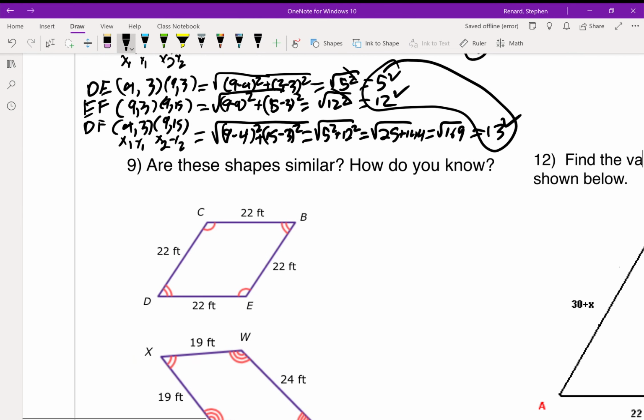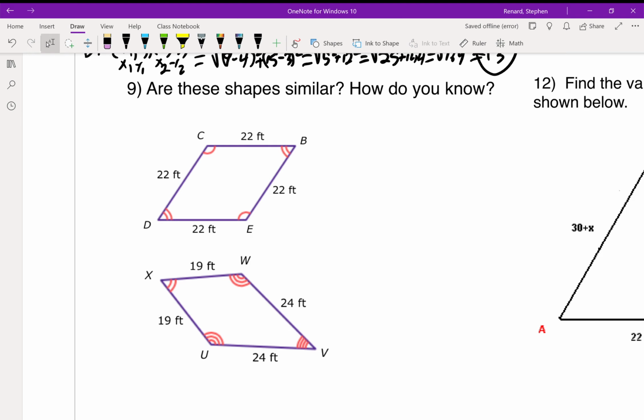Are these shapes similar? Number 9, if you're in regular geometry, go ahead and skip this one. So similar, what we're doing here is, one, we can look at the angles. We know that these two angles are the same and these two angles are the same.